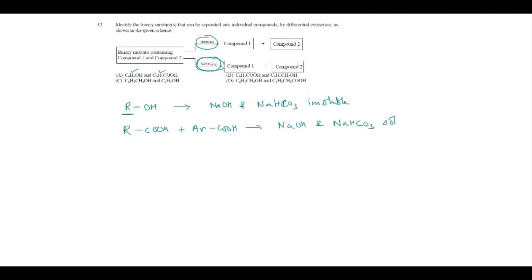Next is aromatic OH, that means phenolic OH. This is soluble only in sodium hydroxide. So, sodium hydroxide soluble and sodium bicarbonate insoluble.